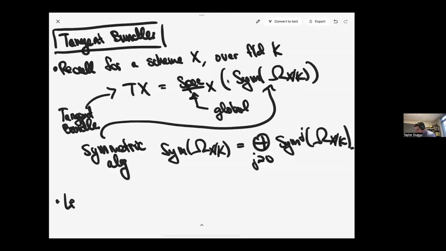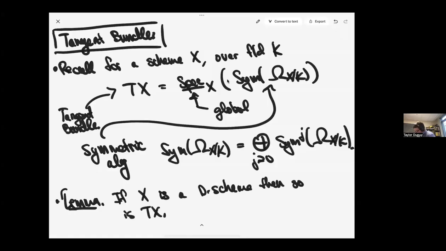The lemma is that if X is a D variety or D scheme, so it has a derivation on it, then so is T of X, this tangent bundle. So the whole point is that the tangent bundle under its natural definition, when you take it for a differential scheme, will still be a differential scheme.